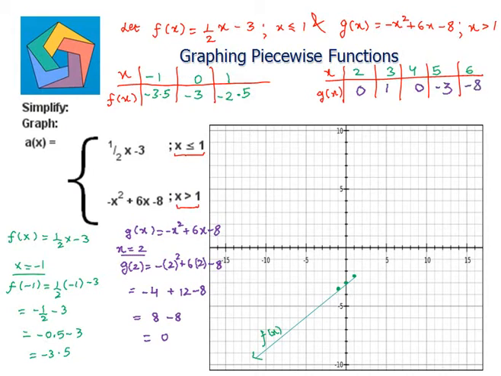So let us plot these points: 2, 0; 3, 1; 4, 0; 5, negative 3; and 6, negative 8.